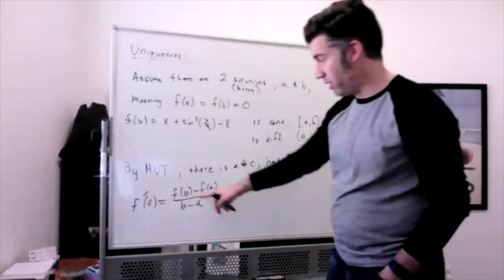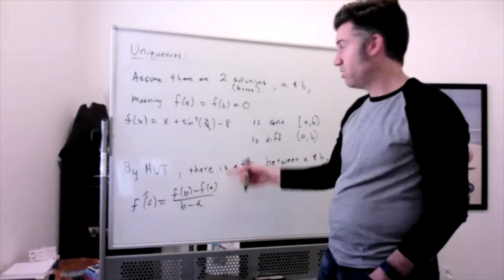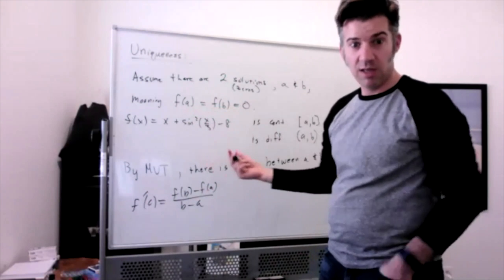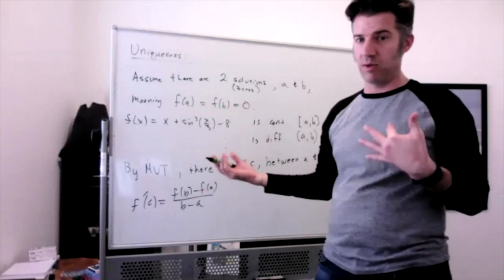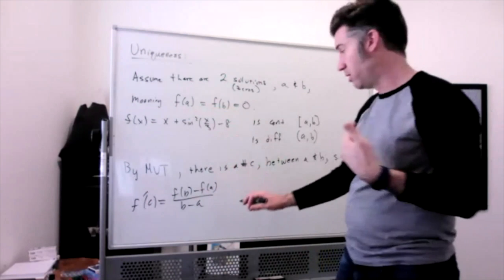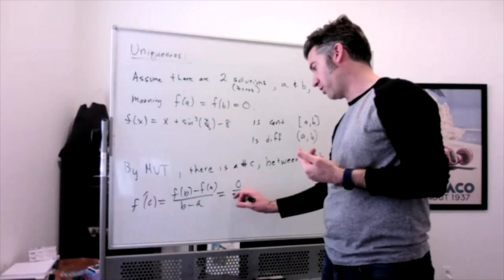But we know that f of b minus f of a is just 0, because f of b and f of a are the same. So this is where it goes from being the mean value theorem to actually the special case of being Rolle's theorem, because this is just 0 over b minus a.